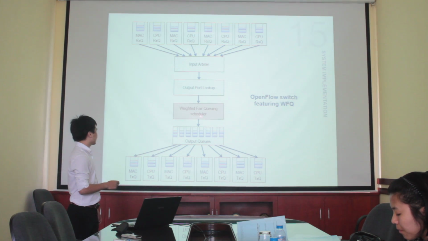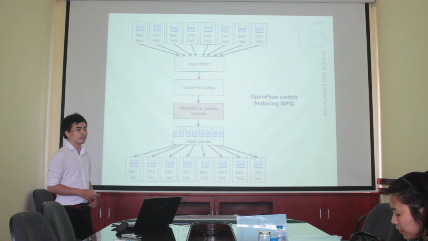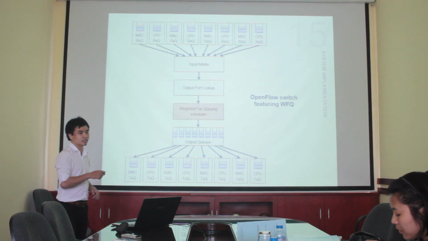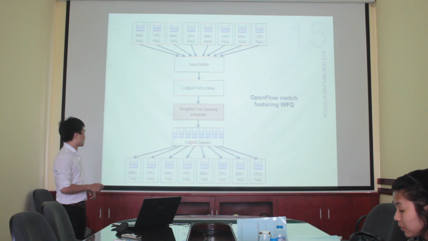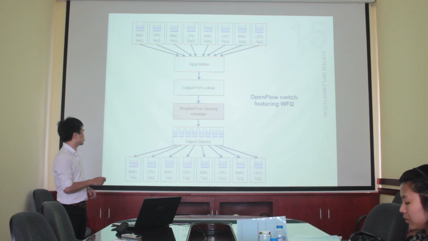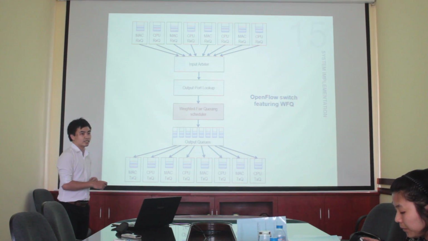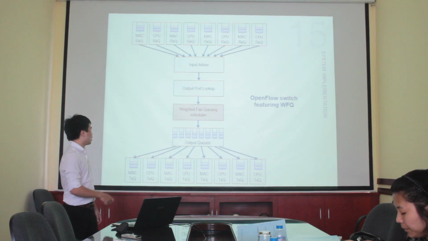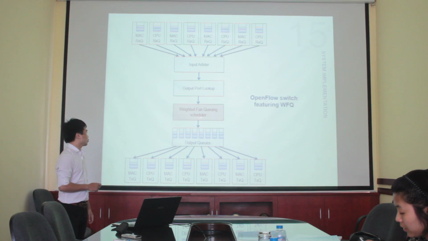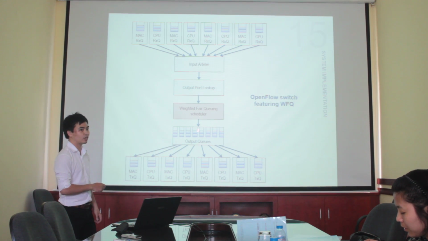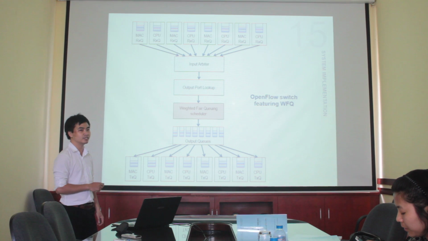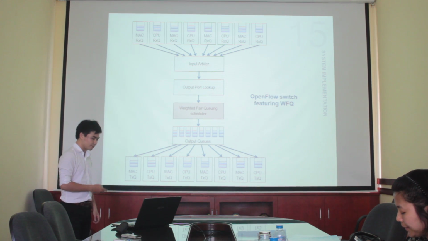The impact of this scheduler is that when the destination of the packet is found out, instead of going out directly to the output queue, it will go through the scheduler while the finish times are calculated. After that, the scheduler will transmit all packets to the output queue in an order from the smallest to the biggest in terms of finish time value.